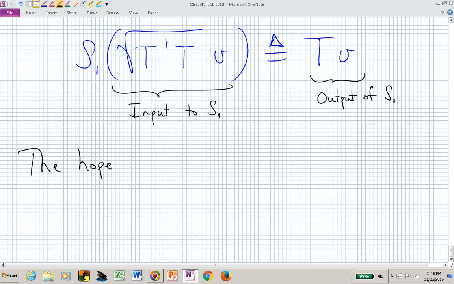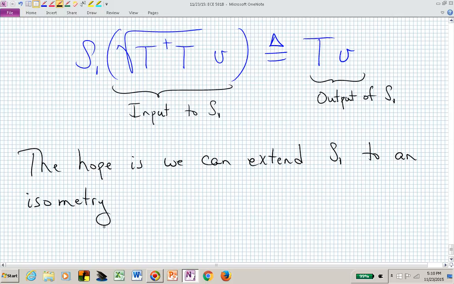The hope is that we can extend S1 to an isometry meeting our needs for S.